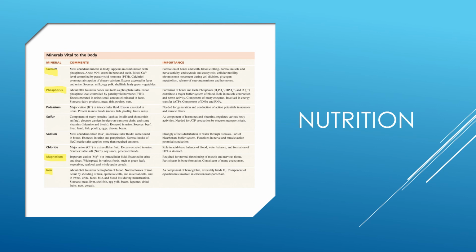Magnesium also serves as a catalyst for the conversion of ADP to ATP. And minerals like sodium and phosphorus work in buffer systems, which help to control the pH of body fluids.